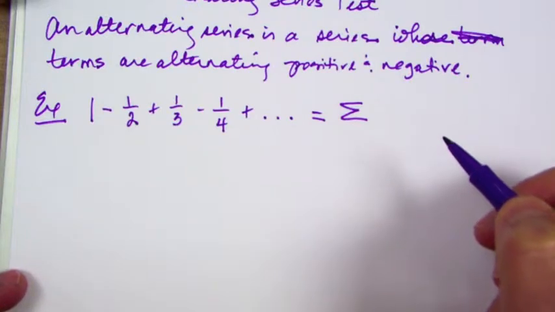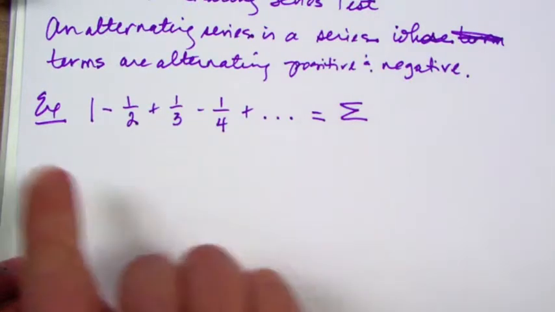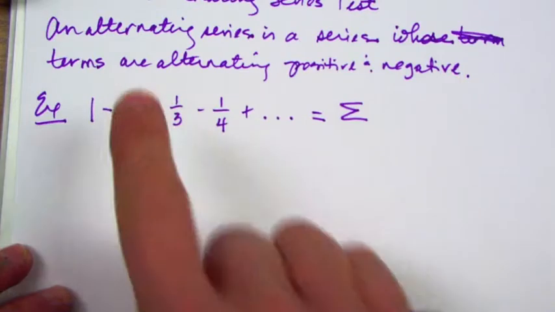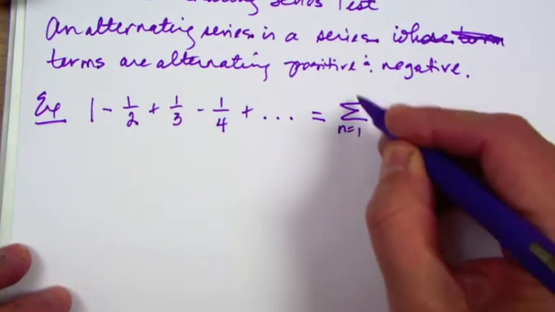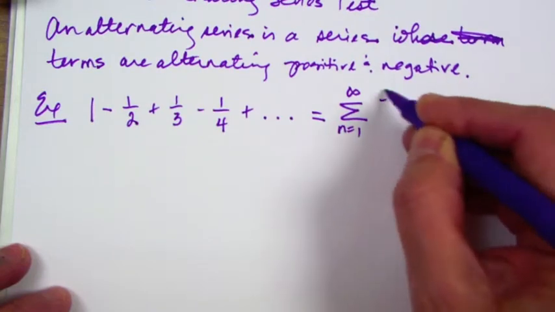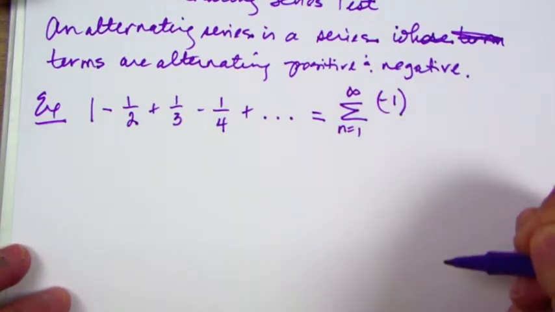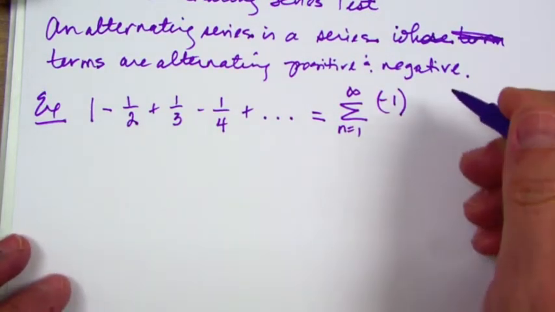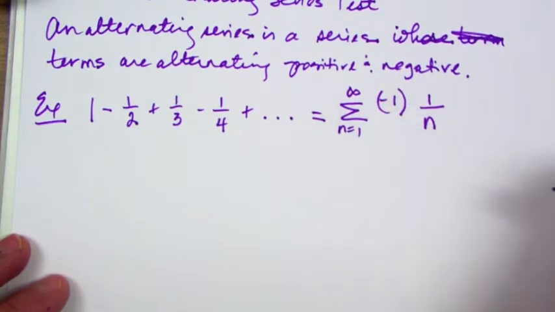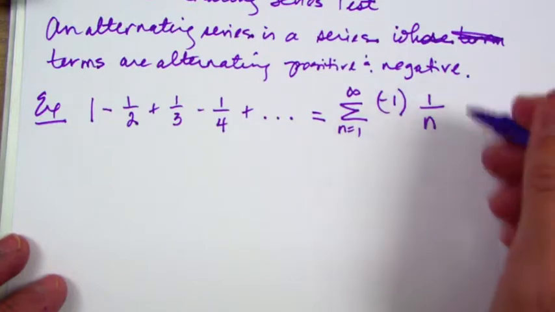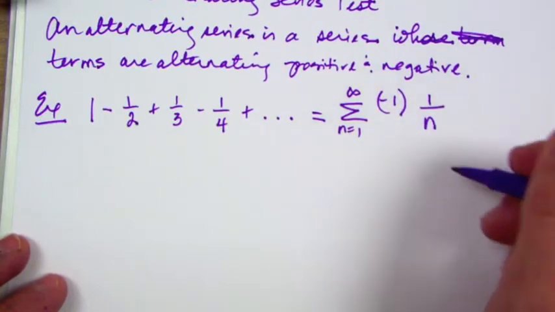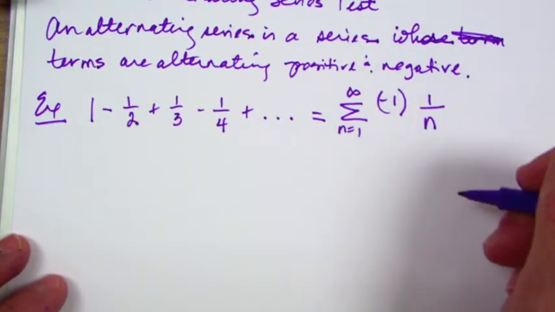So that would be the sum from n equals 1 to infinity of negative 1 times 1 over n. I'm just going to write it like that so I can see the 1 over n. I want to see the alternating part out by itself.